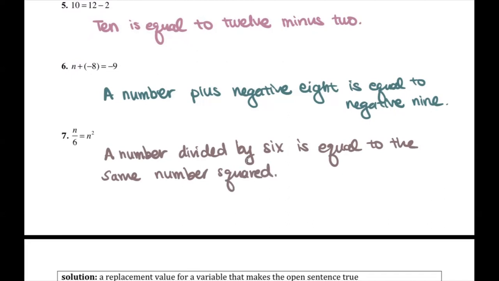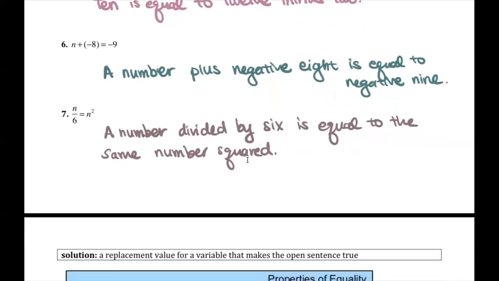All right. And again, you guys can definitely have different versions of answers and they could all be right. All right, so a number over 6, the quotient of a number and 6 is equal to the number to the power of 2. So a lot of different ways you can do that.